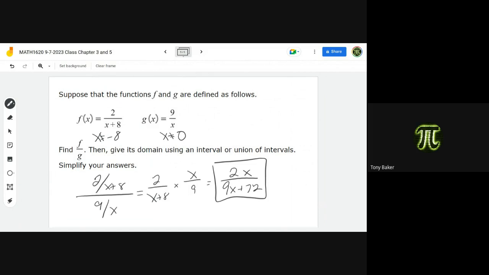And no value should pop up after you simplify it. You should have already taken care of those problems in the original problem. Okay. So in this case, that's my answer, and my domain restrictions are x cannot equal -8 or 0.